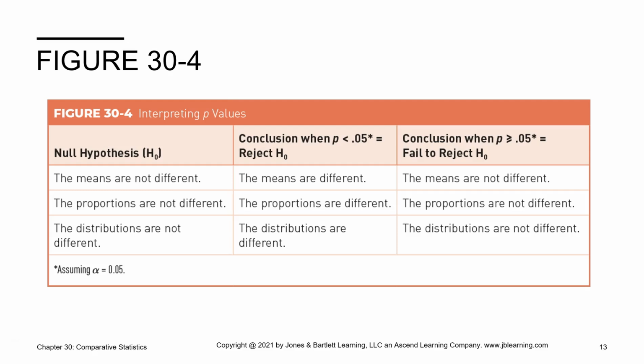If you have a null hypothesis of, say, the means are not different, your conclusion when p is less than 0.05 is to reject the null hypothesis, and that would mean that the means are different. But when p is greater than 0.05, you would fail to reject the null hypothesis, and that would mean that the means are not different.